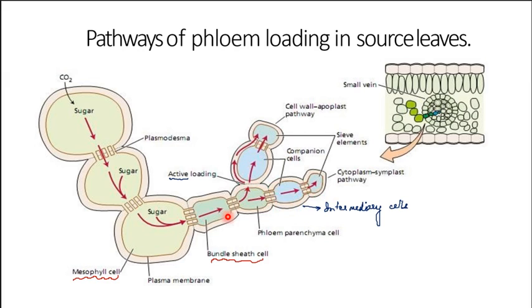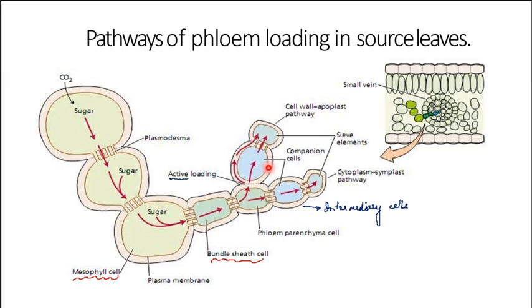Now look here towards the left side. From the phloem parenchyma, there are no plasmodesmata, so the sugar will come to the apoplastic region. From the apoplastic region, it will be pumped inside the companion cell.